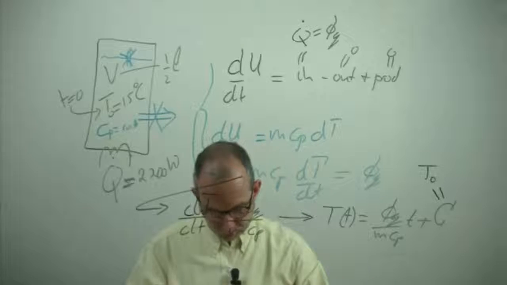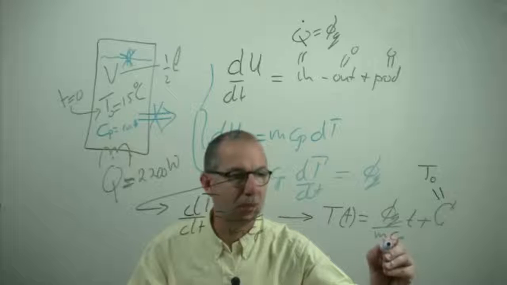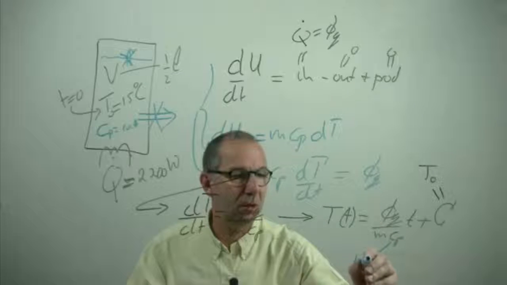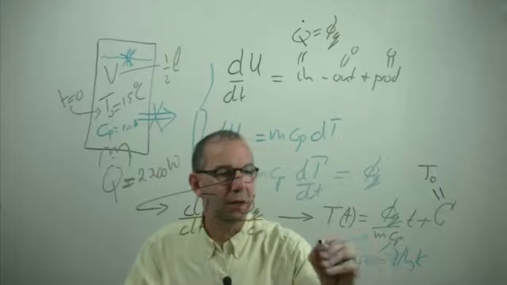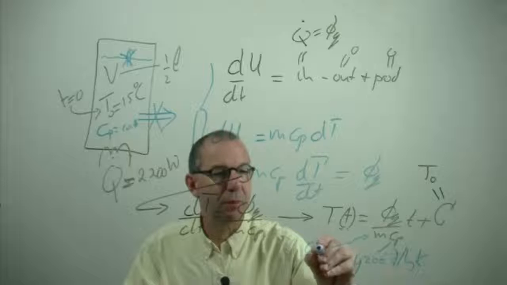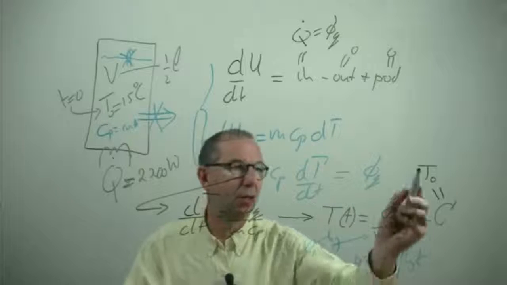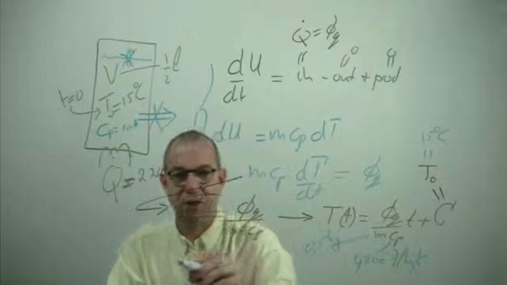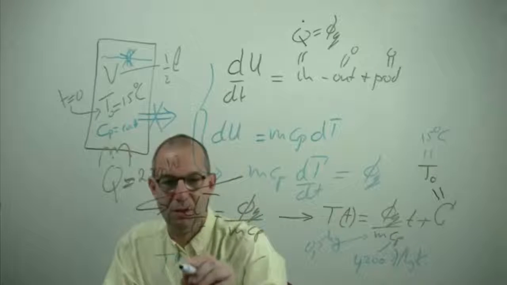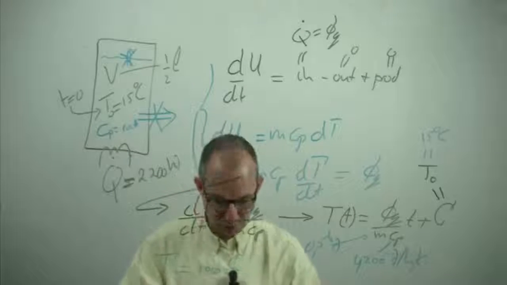If you look up a specific heat of water, which is about 4,200 joule per kilogram Kelvin, and if you back out that this is half a kilogram, because we had half a liter, now you can compute from this equation, knowing that this is 15 degrees Celsius, how long it takes before the temperature equals 100 degrees. Your water is about to boil.